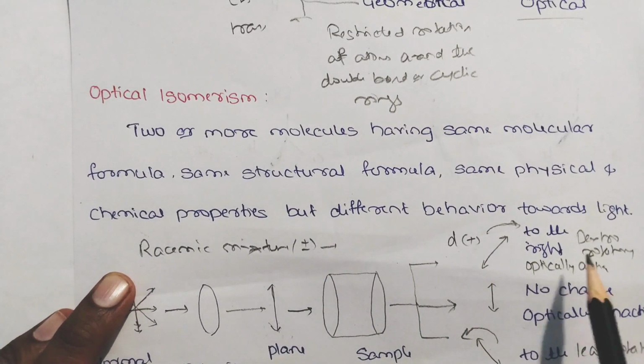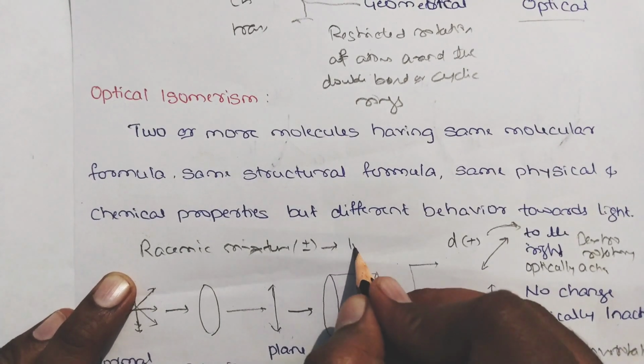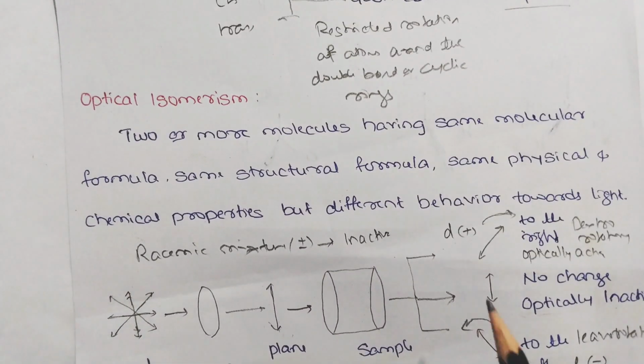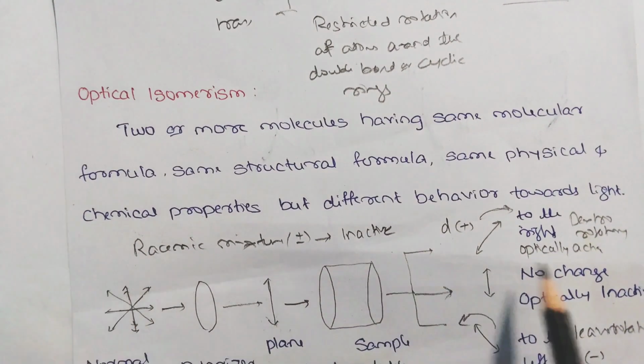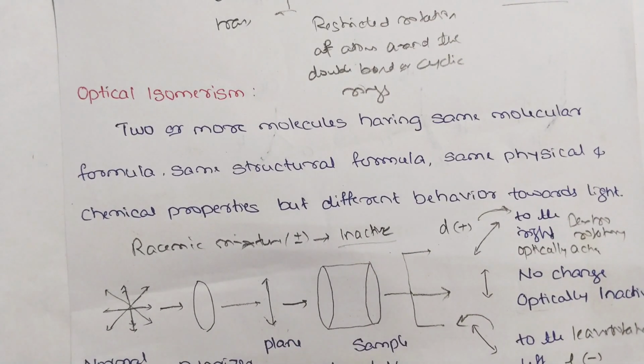Half will rotate to the right and half will rotate to the left, so the mixture will be optically inactive. All racemic mixtures are always optically inactive.